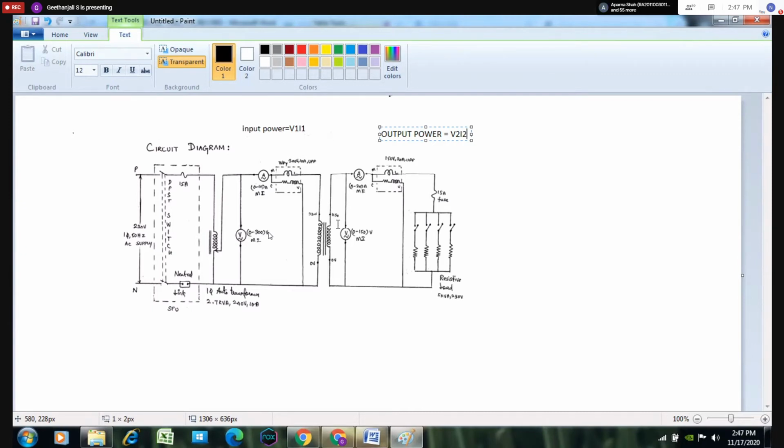In ratio, if it is 0.5, we are considering the 115 volts as 0.5, which means the 230 is 1. So the ratio is 0.5. How, ma'am?